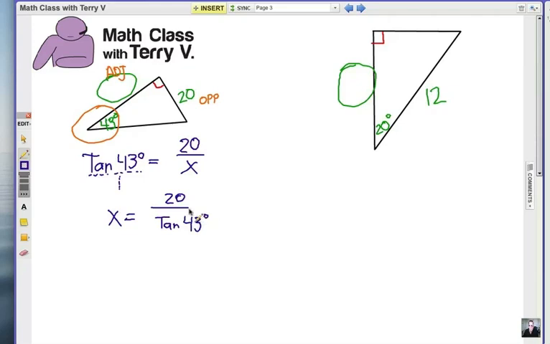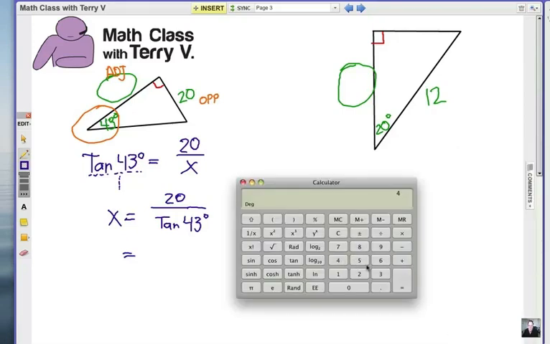Alright, now we're going to use a calculator to figure out the tangent of 43 degrees. On this calculator, I input the amount first, 43, and then I hit the tangent button. In some calculators, you might have to do that in a different order. But it says 0.9325, and it's really common practice to take those first four digits rounded. So 0.9325.